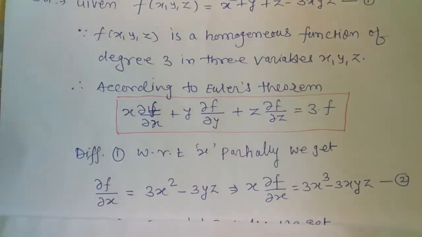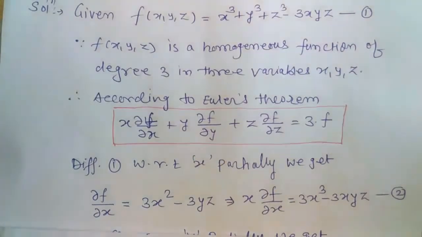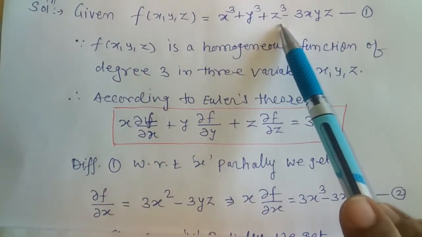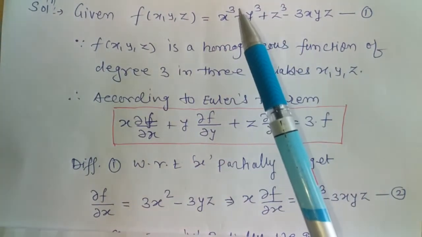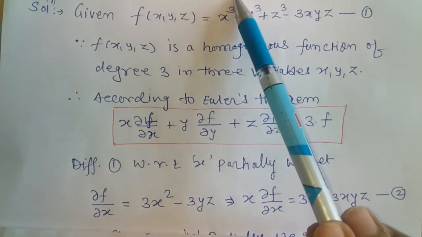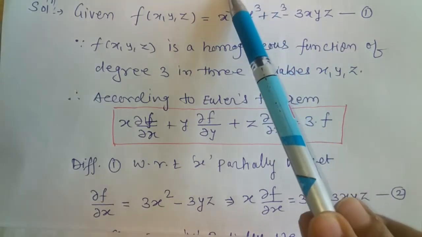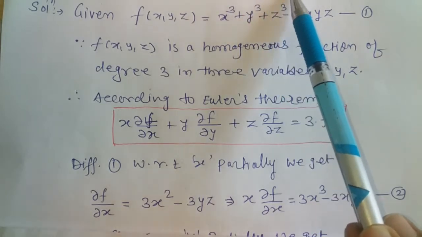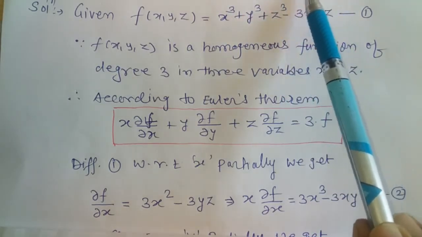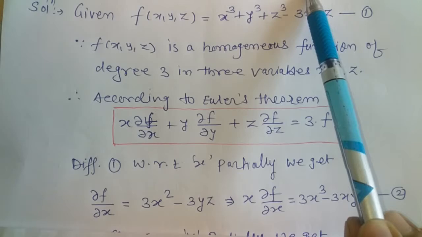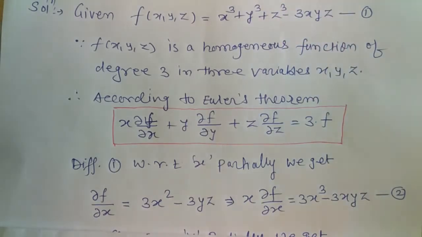Similarly, del f by del y, so x and z are constant. The partial derivative of f with respect to y is 3y square minus 3xz. The derivative of y is 1 and 3xz are constant.